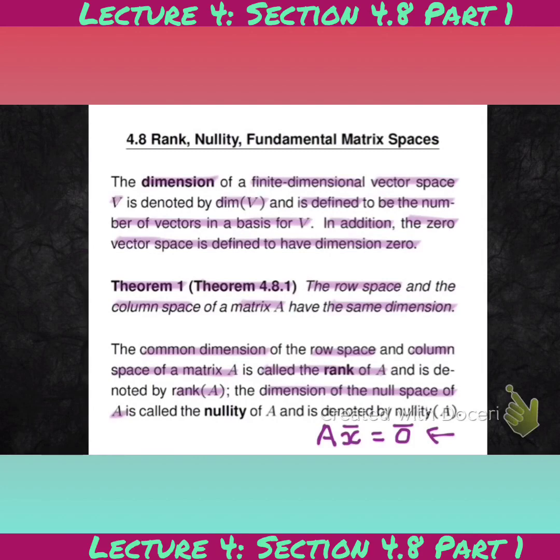Right? So if you go and find a basis for that null space, the dimension of the null space, which is determined by the number of vectors in the basis, is called the nullity of a matrix A.